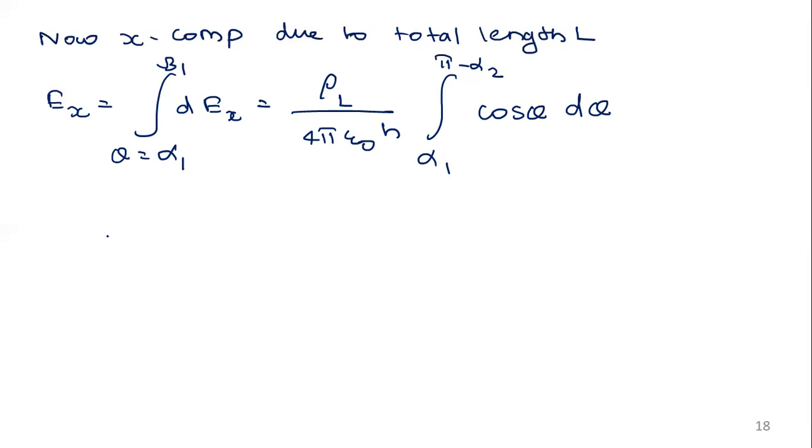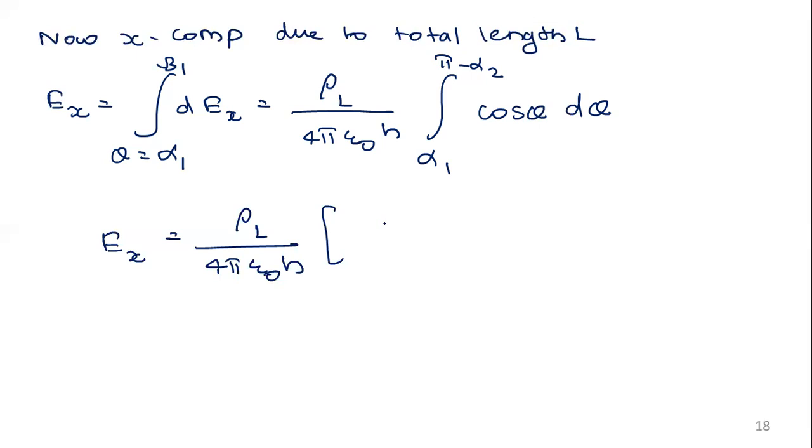So now you can just do the integration. What you get is Ex will be equal to rho L by 4 pi epsilon 0 h into the integral from alpha 1 to pi minus alpha 2 of cos theta d theta. What is the integral of cos theta? Sin theta. Then sin of pi minus alpha will be what? Sin 90 minus theta, sin 180 minus theta, haven't you studied all this? You have studied in your 8th standard, 10th standard, 11th standard.